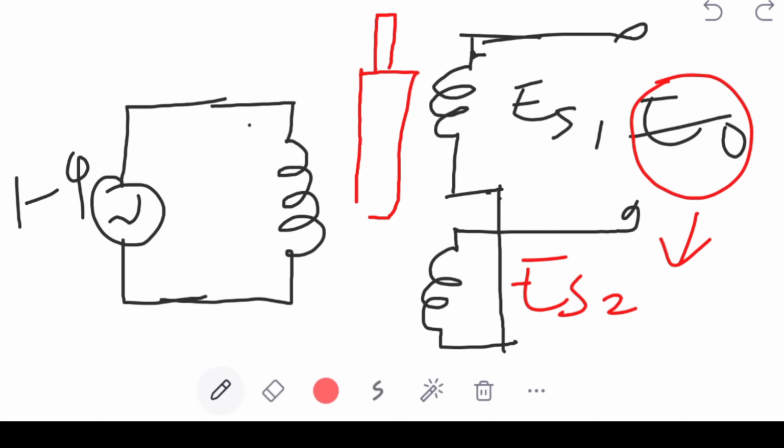When the core moves, due to mutual induction, voltage is generated in the two secondary windings. The difference of ES1 and ES2 will be considered.